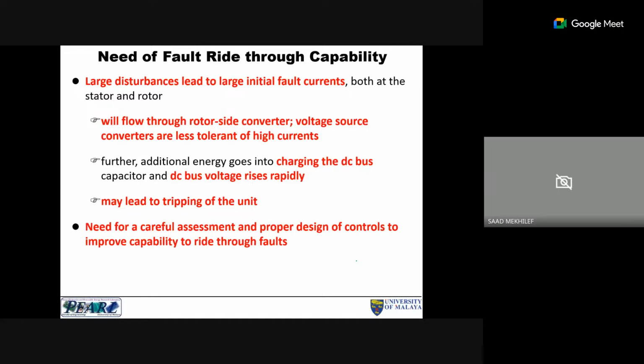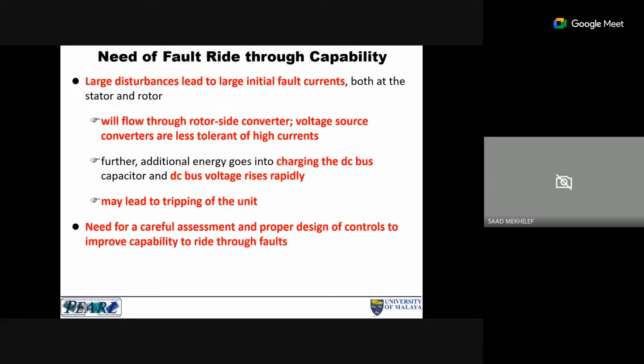Why do we need the fault ride-through capabilities? This is actually a requirement, especially when we have a large disturbance, which leads to very high fault current in both the stator and the rotor.